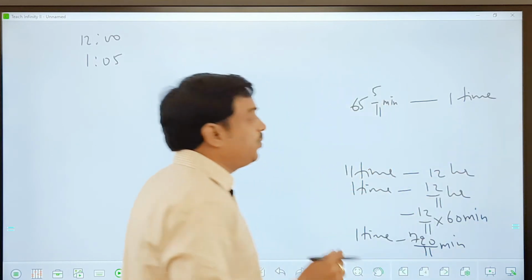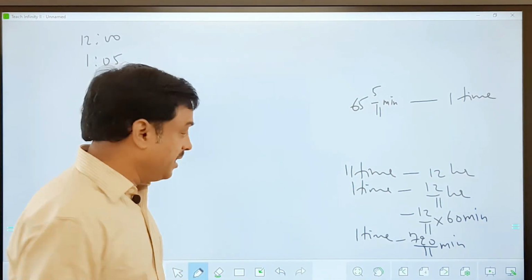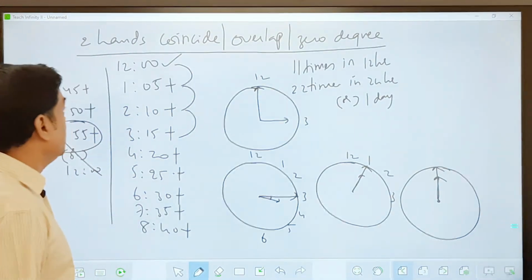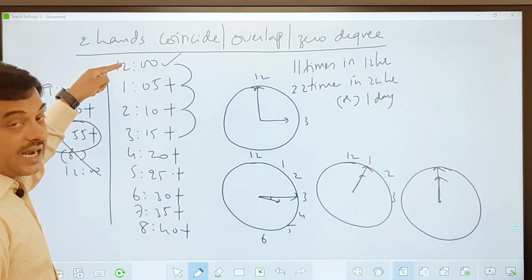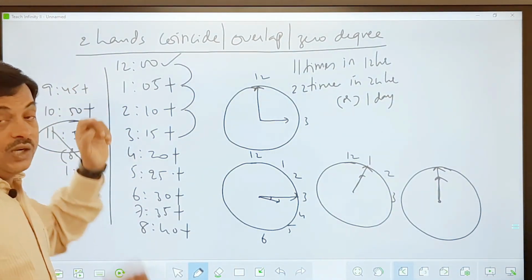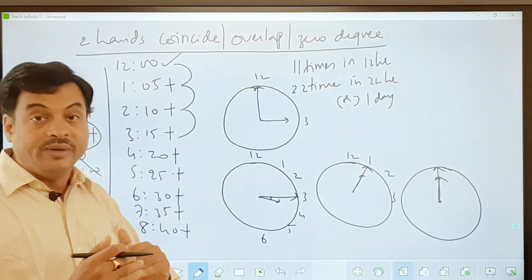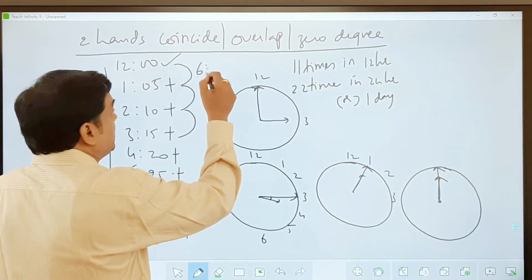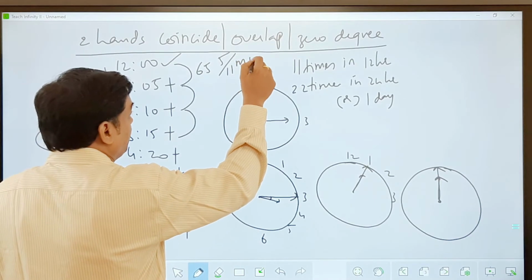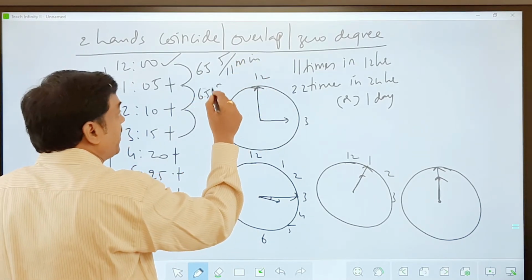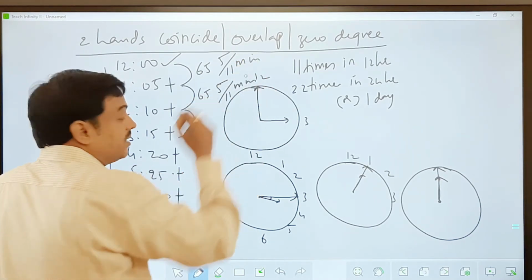Every time, it will take 65 5 by 11. That means, as per the previous slide, from exactly 12 to 1:05 plus, it will take 65 5 by 11 minutes. Again, I am adding 65 5 by 11 minutes of time.